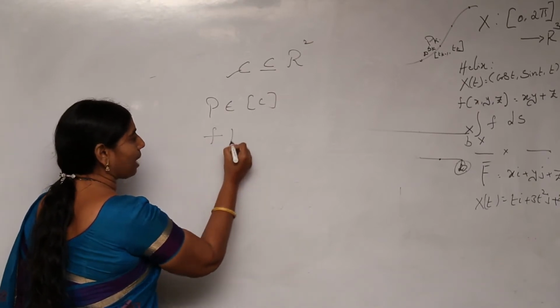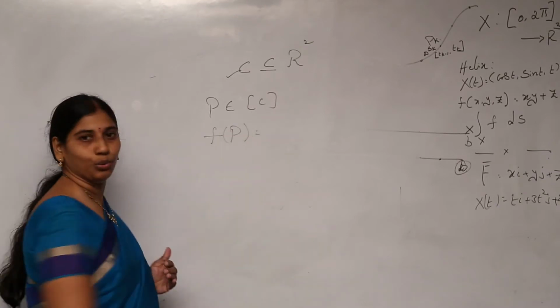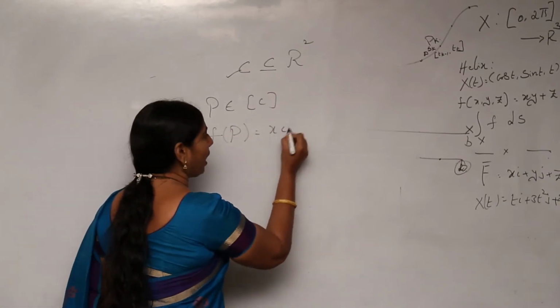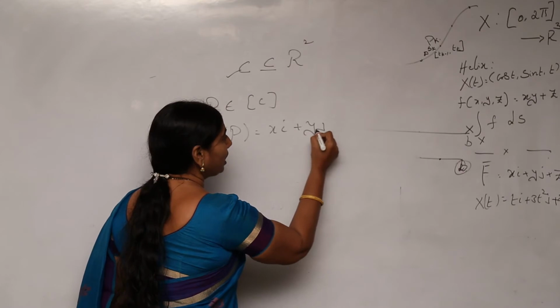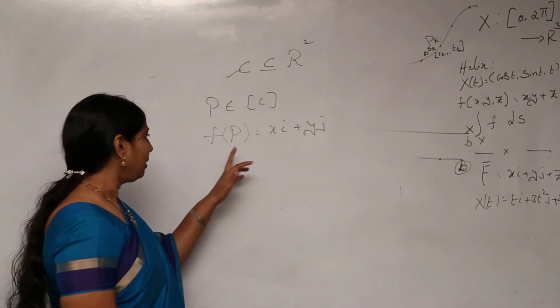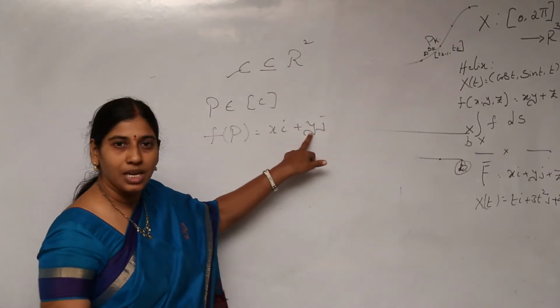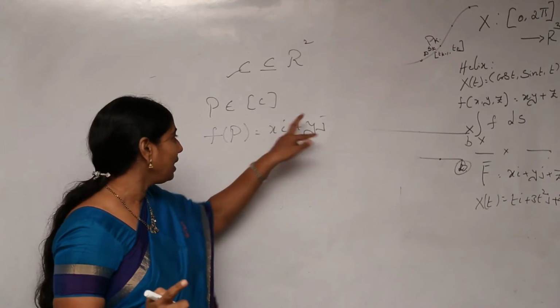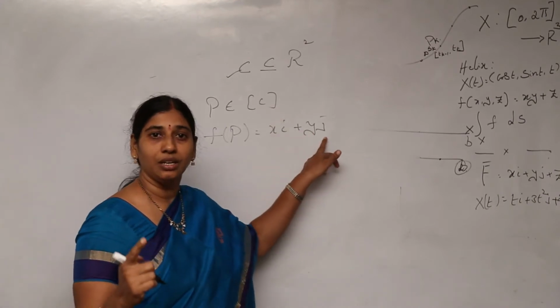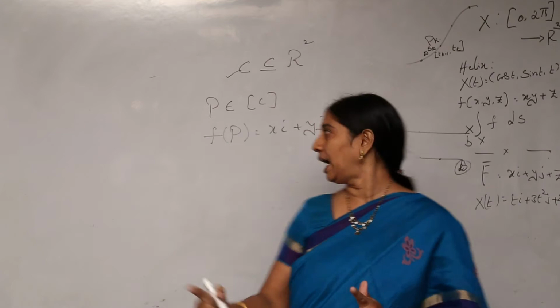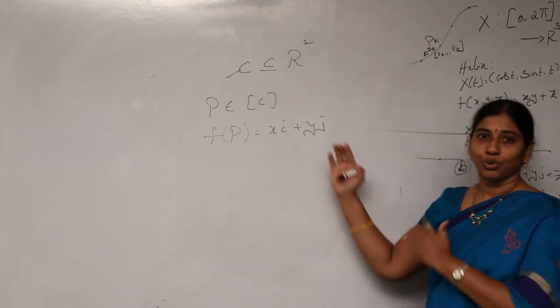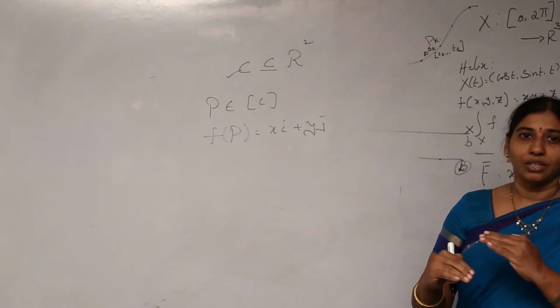Say for example, f(P) = x i + y j. Then to the real values x and y, I am assigning a specific direction with i and j components. So the function turns out to be a vector function.